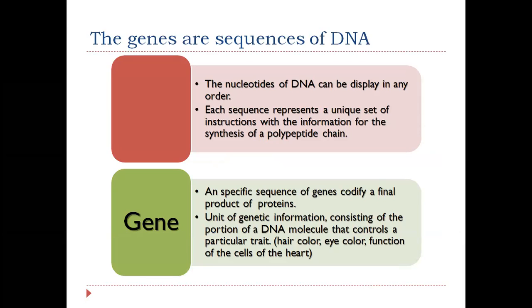So genes, there is a specific sequence of genes that codify a final product of proteins. The unit of genetic information is the gene and consists of a portion of DNA molecule that controls a particular trait. It could be the hair color, the eye color, the function of the cells of our heart, or other functions.